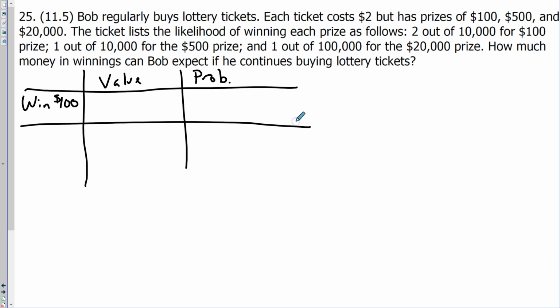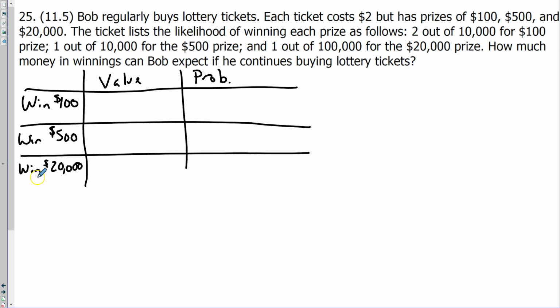That's one possibility. He could win the $500 prize. That's another possibility. He could win the $20,000 prize. Or he could not win anything. You want to make sure that you've included all the different possibilities when you're making your table, and then we'll figure out our values.